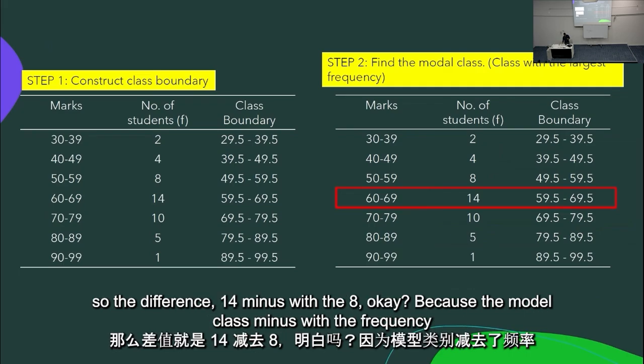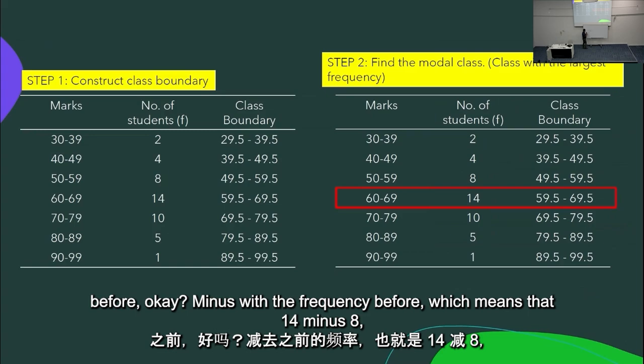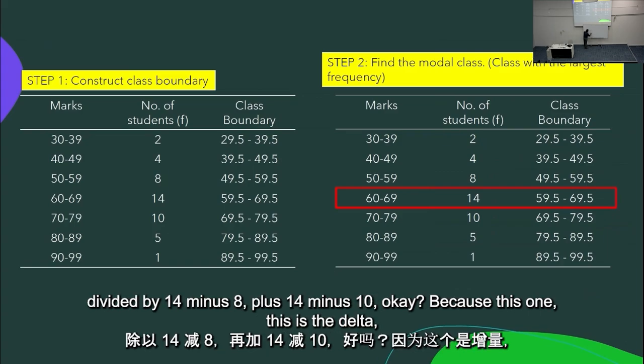Alright, so the difference, 14 minus 8, because the modal class minus the frequency before, which means 14 minus 8 divided by 14 minus 8 plus 14 minus 10.